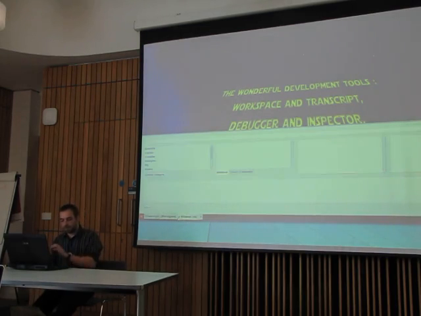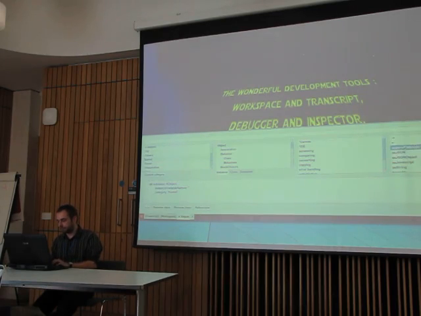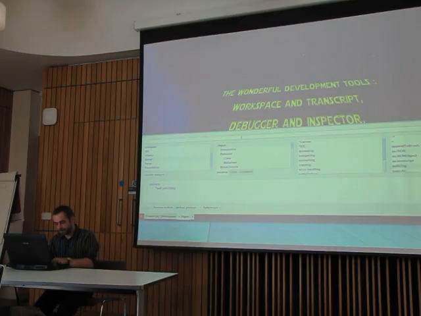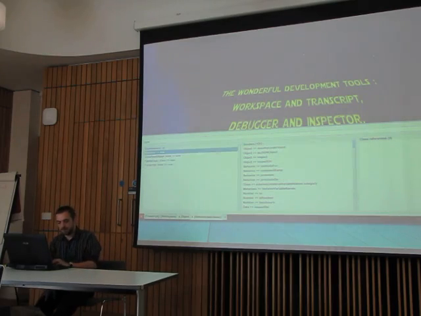Okay, so we have a class browser. Let's see, I don't know, object. We can browse senders and inspectors and implementers. So here we have the implementers of new, and here the senders.